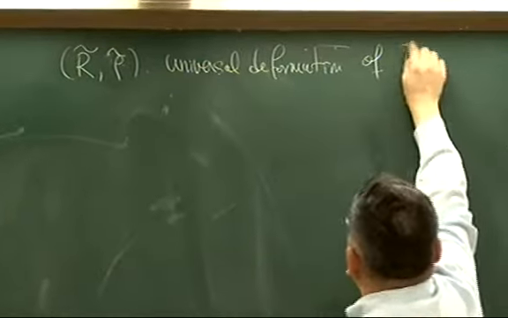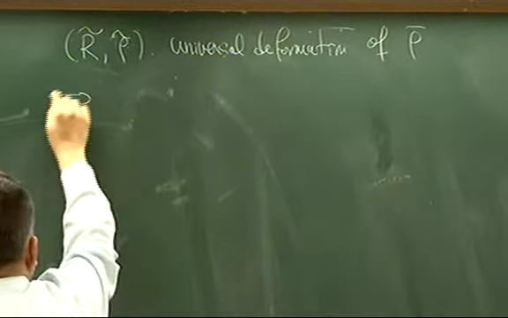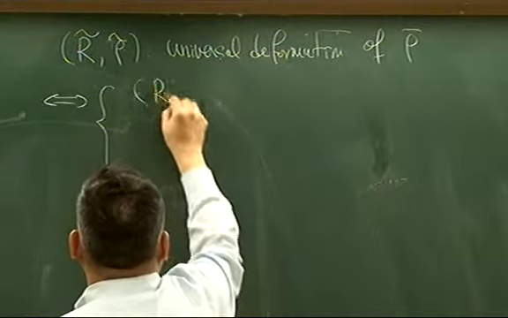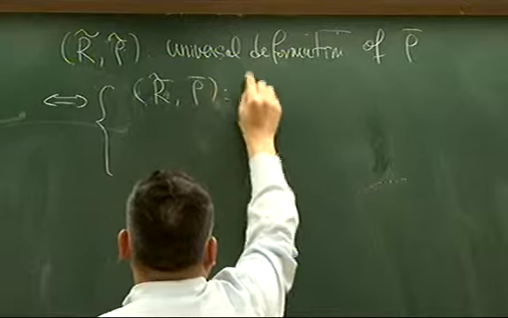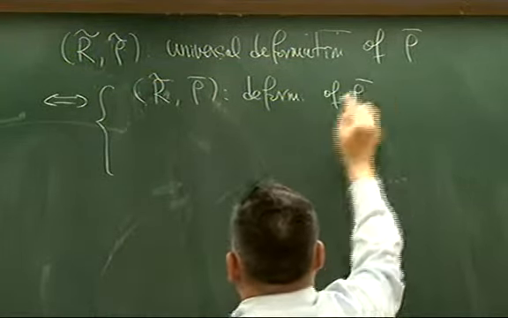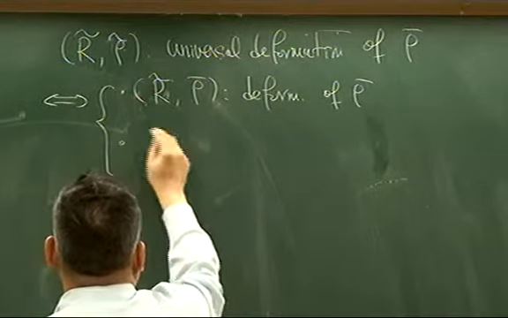Given rho bar, if R tilde, this pair is actually a deformation of rho bar and satisfies the universal property.